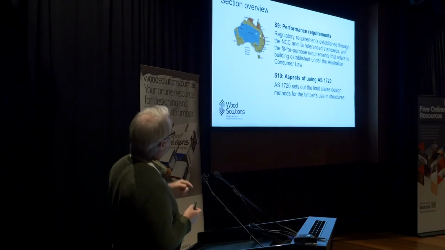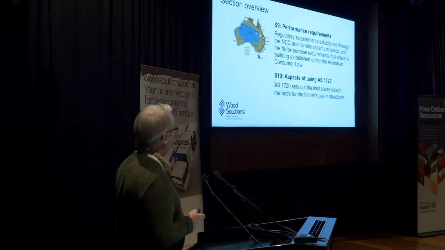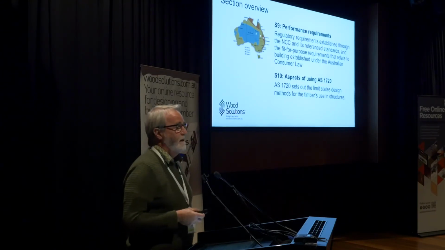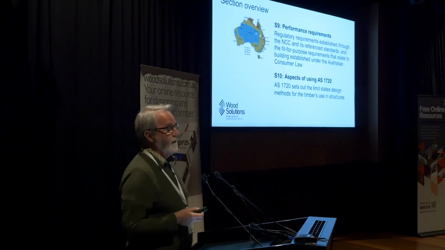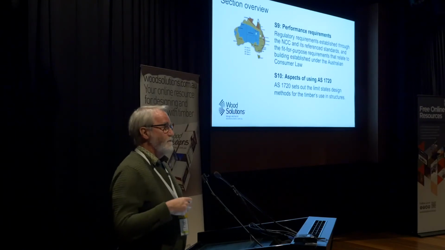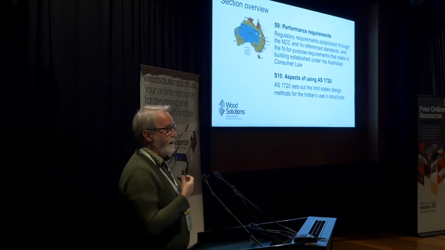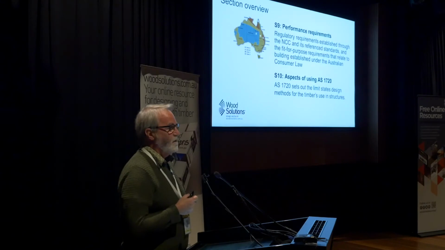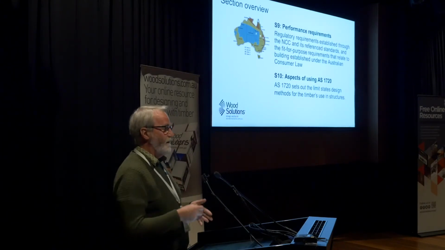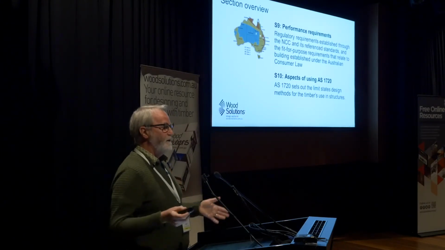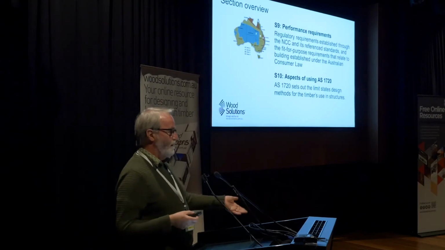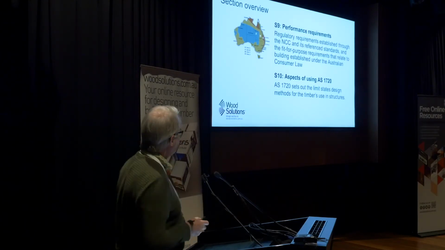And the second one is that there is a whole range of things that are tied up with the fit for purpose requirements in the Australian Consumer Law, which with wood we've got to make sure we handle some of those things because it's a variable material again, and it might do some things that we wouldn't normally expect if we're using a steel and concrete option.